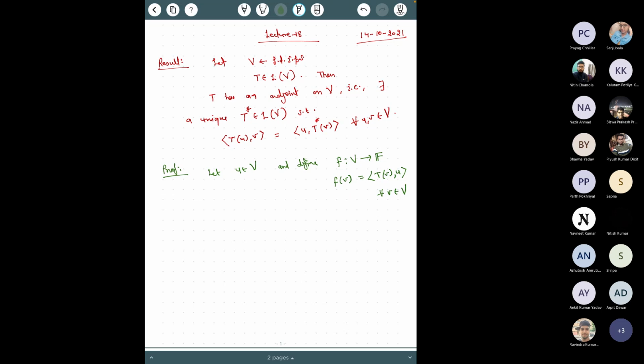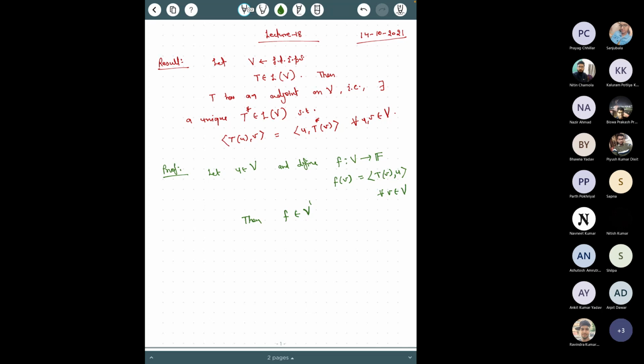Now you can verify that this is linear because T is linear. So whatever I have defined here, f is a linear functional on V. For every vector u, I can define a functional on V this way.